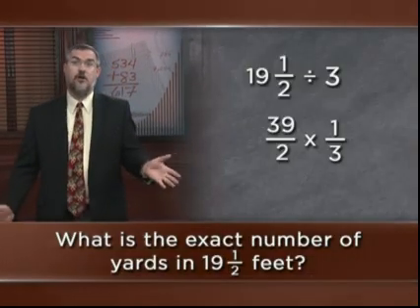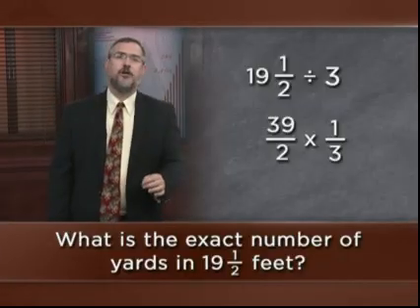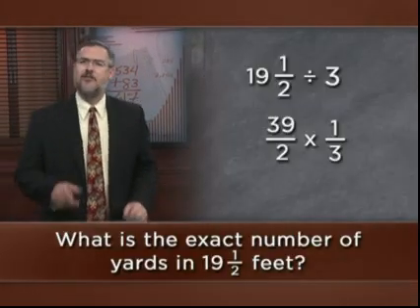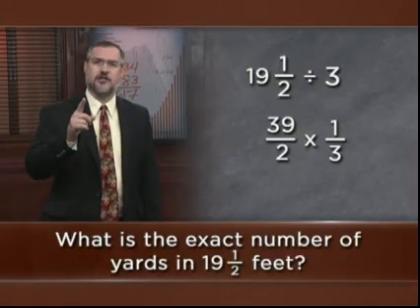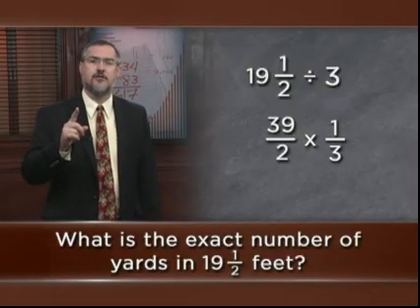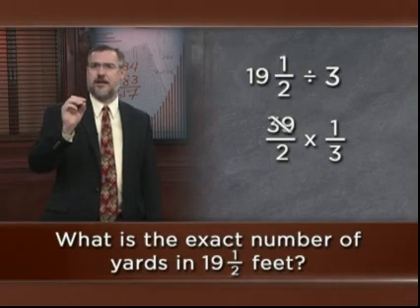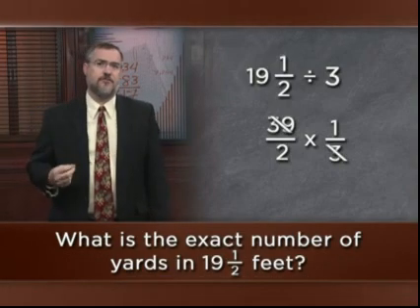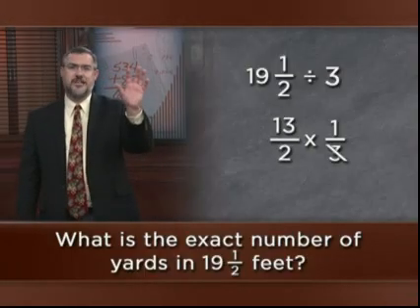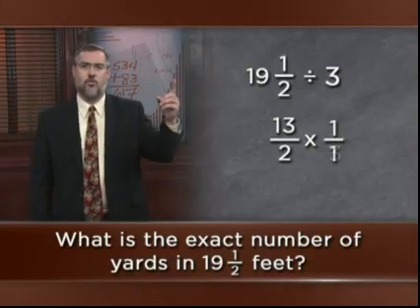Now that it's written as a multiplication, we go through some cancellations, and you may not see it too quickly, but that 39 actually has a 3 in it as a factor. So I can cancel a 3 out of the 39, and I can cancel a 3 out of the 3, and that's going to convert my problem to 13 over 2 times 1 over 1.